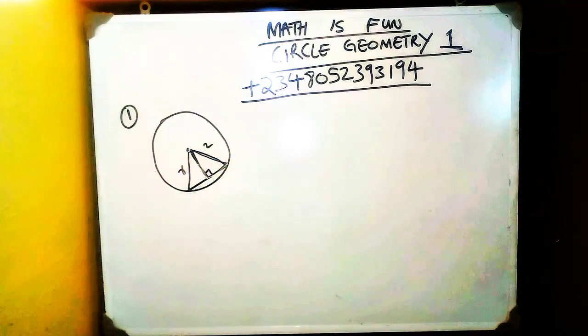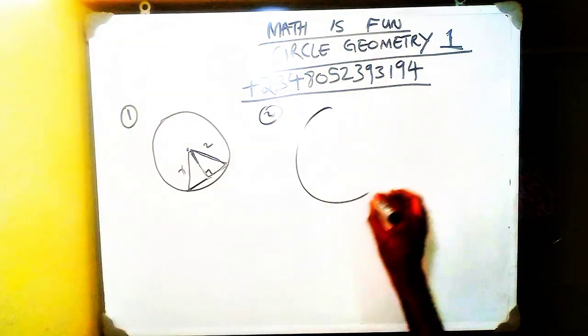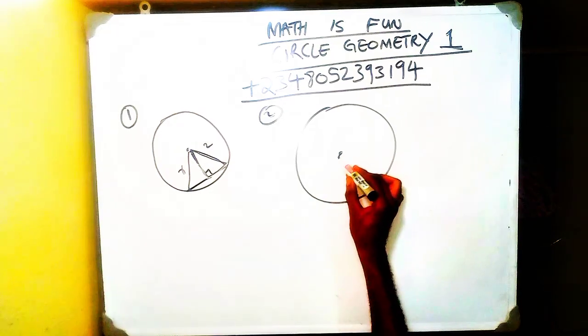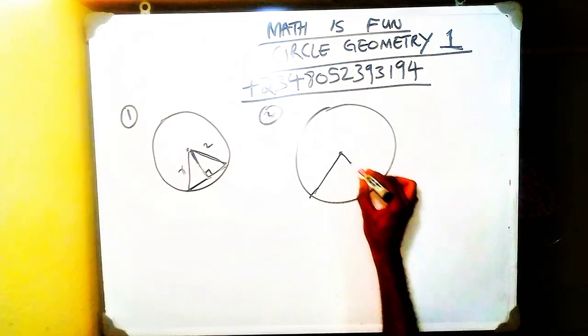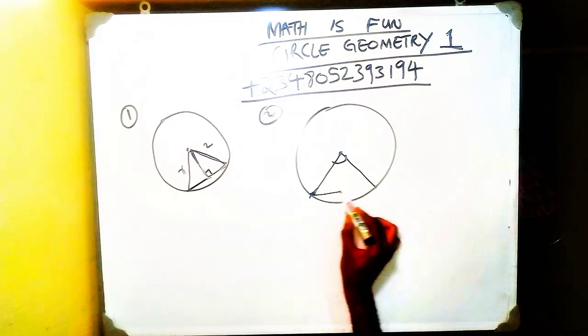The second theorem states the angle that an arc of a cycle subtends at the center is twice that which it subtends at any point in the remaining part of the circumference. Very simple: when you have a cycle this way, and this is the center, this is the angle at the center. This is a particular chord.